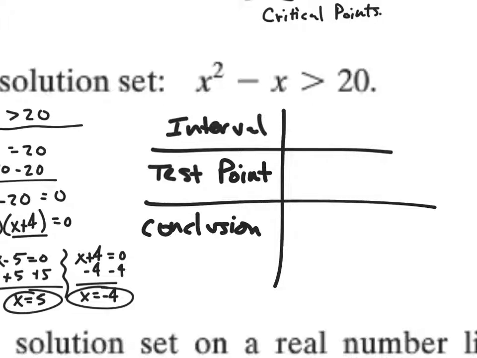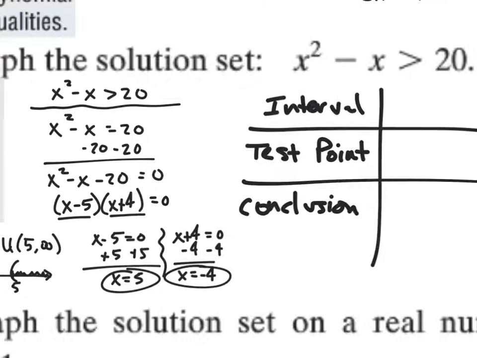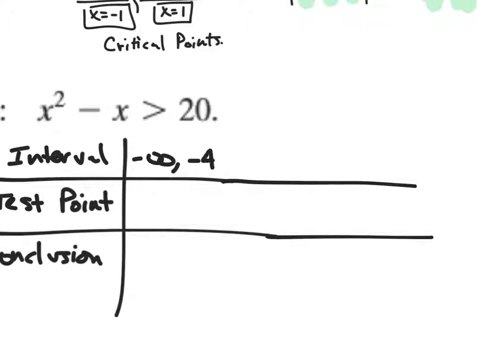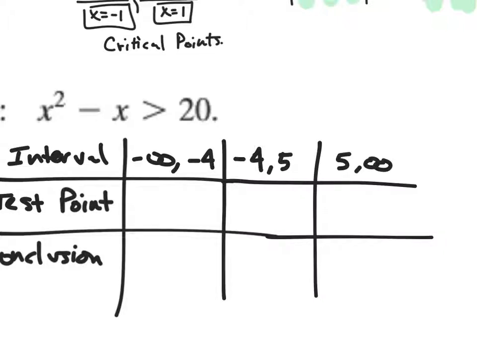What I want to do is break up my intervals. My critical points are 5 and negative 4, and so I'm going to put those intervals up here: negative infinity to negative 4, an interval from negative 4 to 5, and then an interval from 5 to positive infinity.